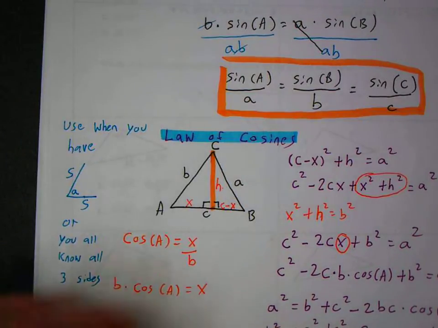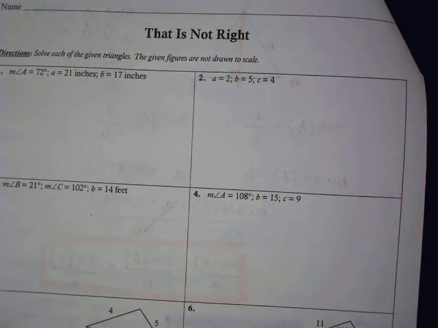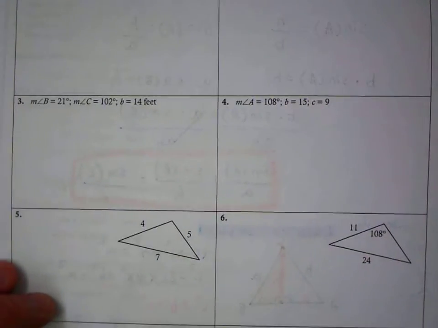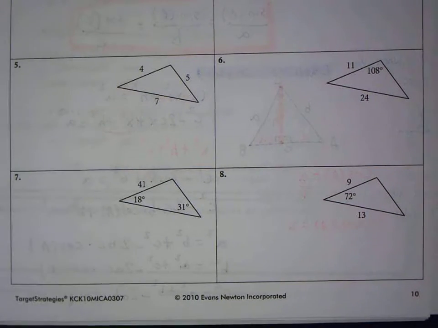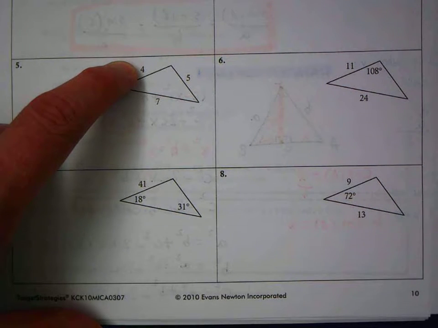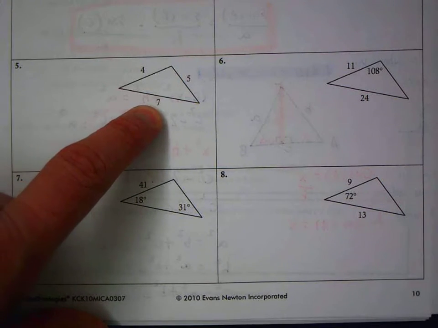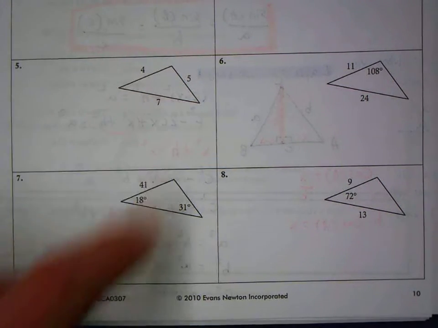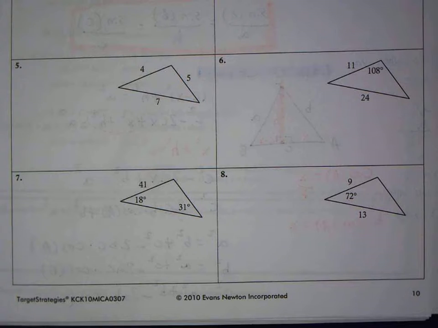So what I first want to do, we're not doing all these examples. And I like to start with one with the pictures first. Makes it easier. Determine which one we're going to use. So 4 is a side. I know 7 is a side. I know 5 is a side. Which one are we going to use when you know all 3 sides?